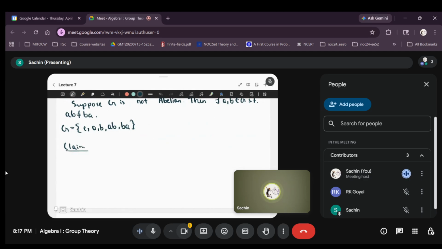The first claim is that in this group, ABA is equal to B and BAB is equal to A. And the way we prove that is similar to all the same thing we have done previously. We'll just use closure to find out what ABA must be. So if ABA is equal to E, what is the problem?